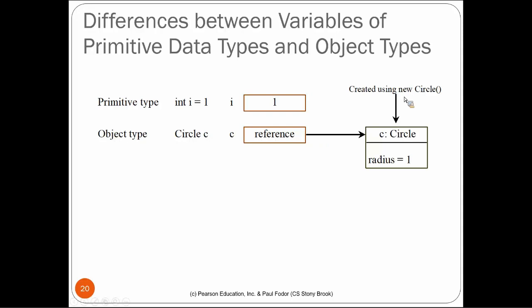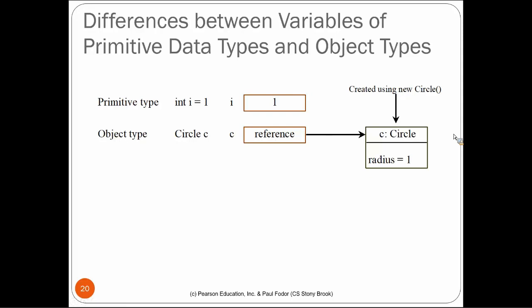If we assign to a circle a reference to a new circle of radius 1, the circle variable c is a reference or an address of where the actual object is stored in memory. So we actually create an object of the type circle with a radius of 1, and the variable c is the address of that object, the reference to that object.